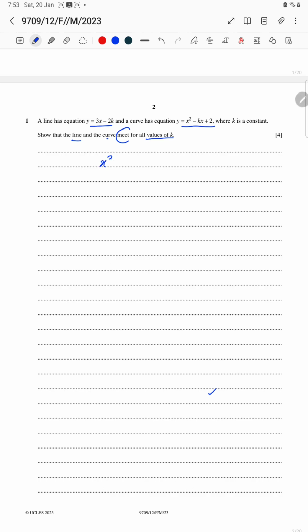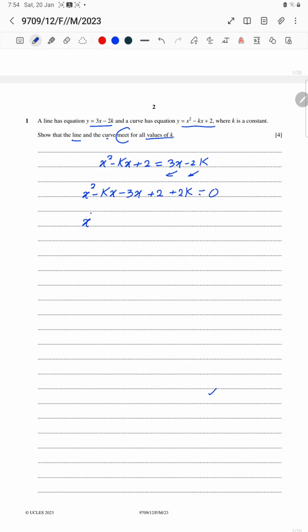We will get x squared minus kx plus 2 is equal to 3x minus 2k. Bring these two terms on the left hand side and change the signs as per the requirement of algebra. Plus 2 plus 2k equal to 0.